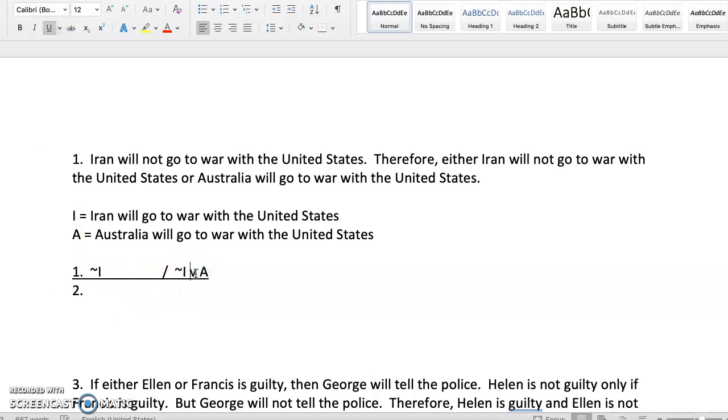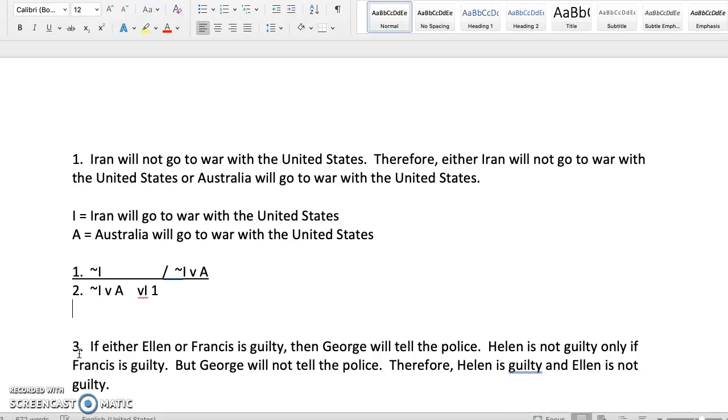We can do this in one step. Since our premise is not I, our conclusion is a disjunction, we want to introduce disjunction, right? And remember, you can do the disjunction introduction rule anytime you have one sentence, because you know if this is true, then this in any disjunction is also going to be true. So the first, number one, is a simple, one-step derivation.